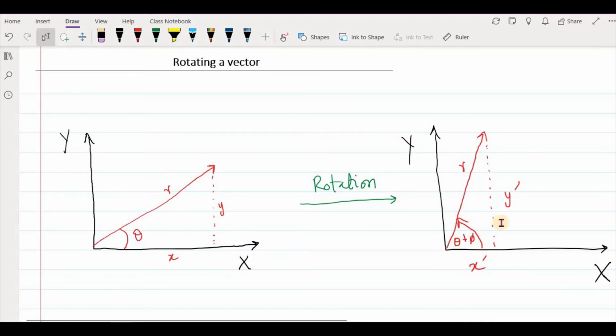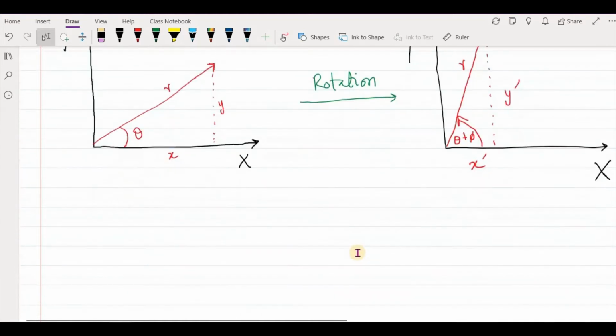So how can we calculate the new coordinates? So let's see how we can calculate.